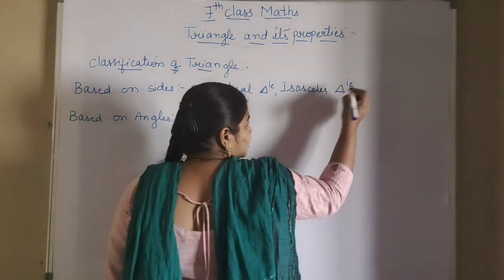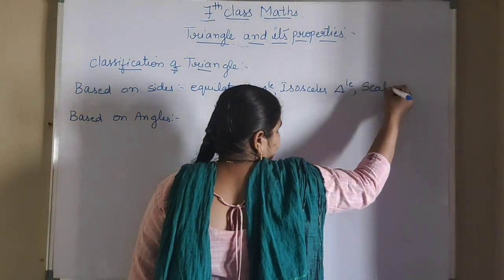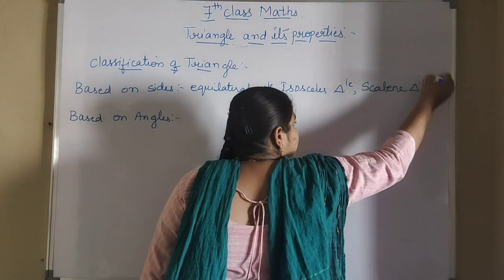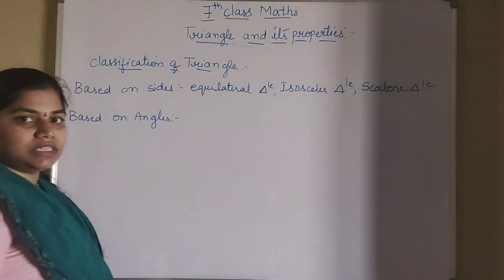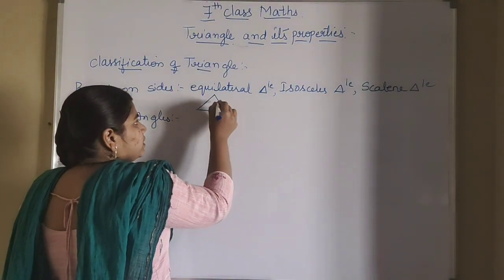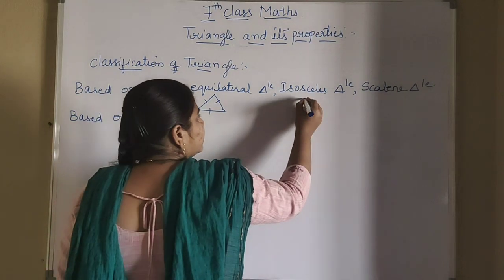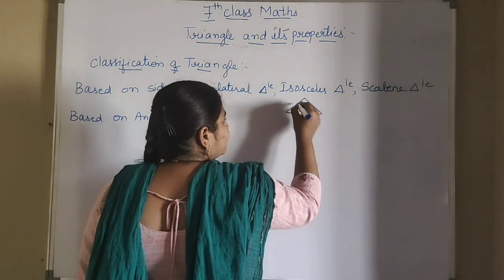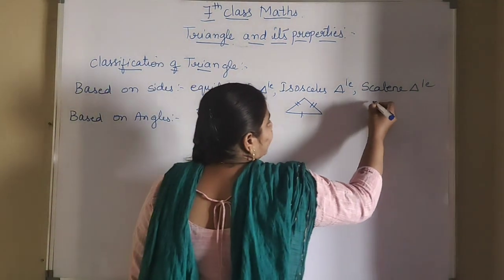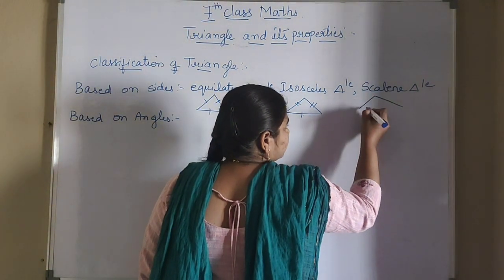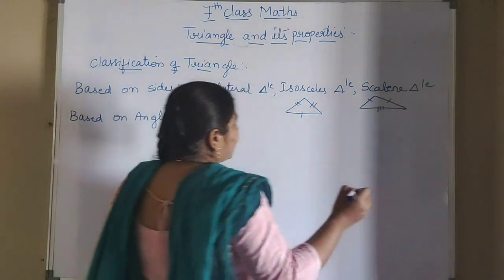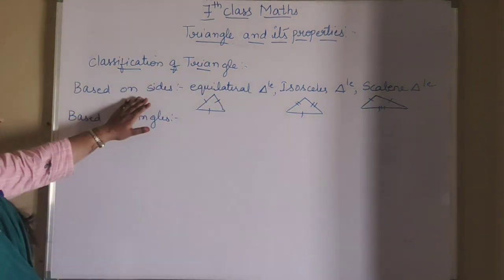And last is scalene triangle; scalene triangle is nothing but all the three sides will be different. So these are the triangles based on sides.